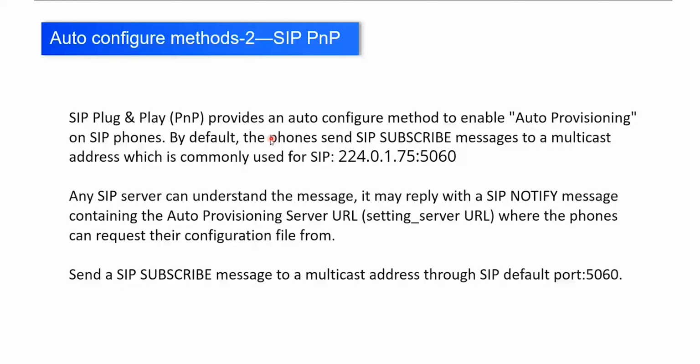By default, the phone will then send a subscribe message to a multicast address, commonly used in the SIP environment. And any server in the environment, maybe in the LAN or anywhere, such as a SIP server or PBX, understands the broadcast subscribe message and gives a reply with a SIP NOTIFY.